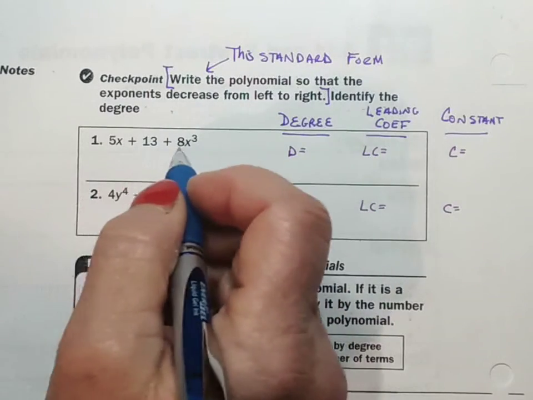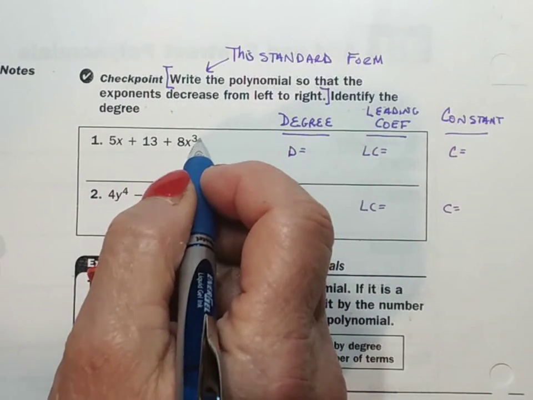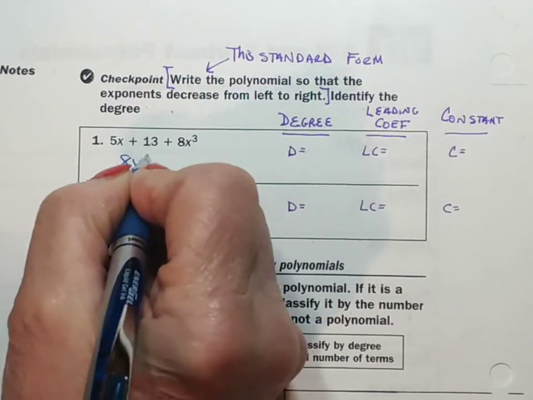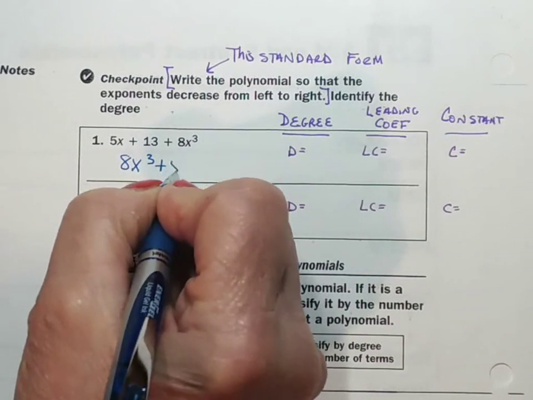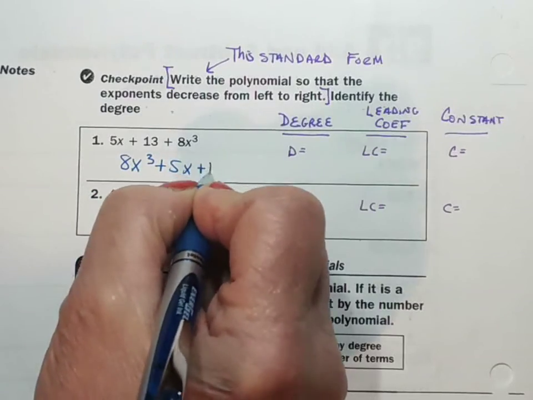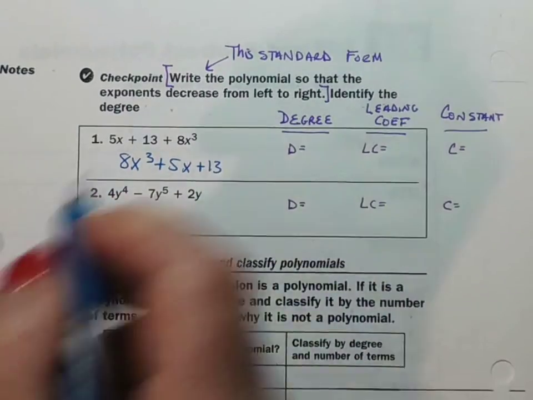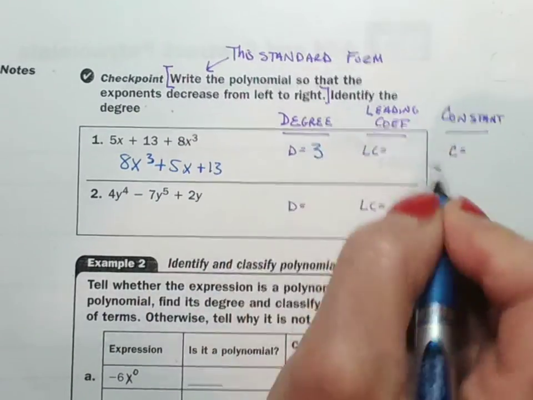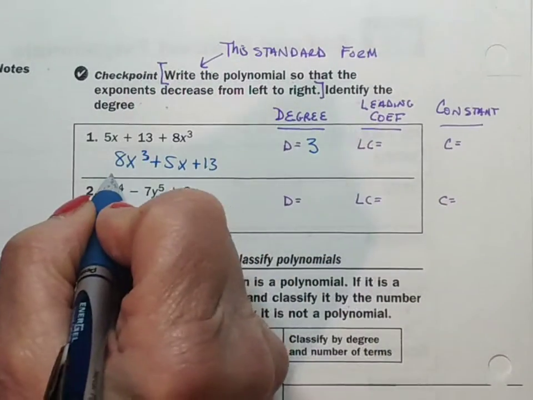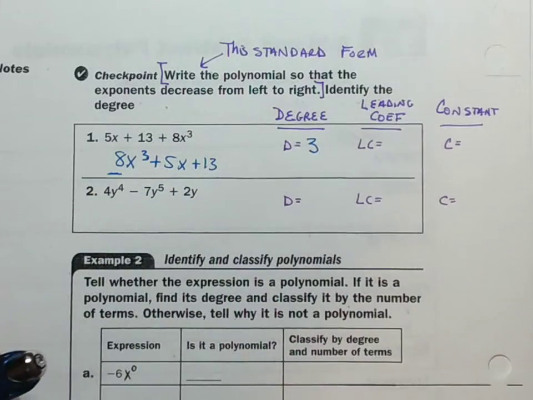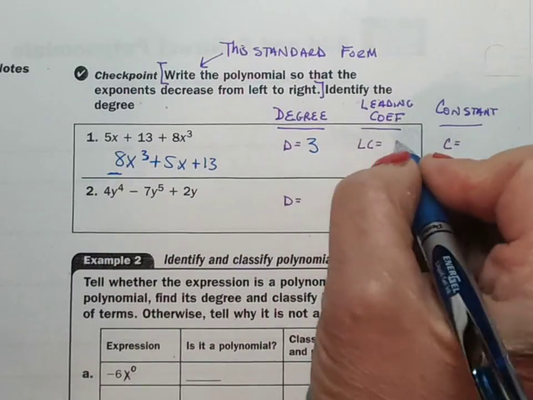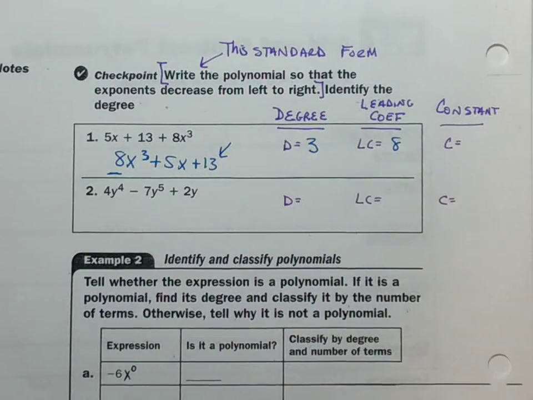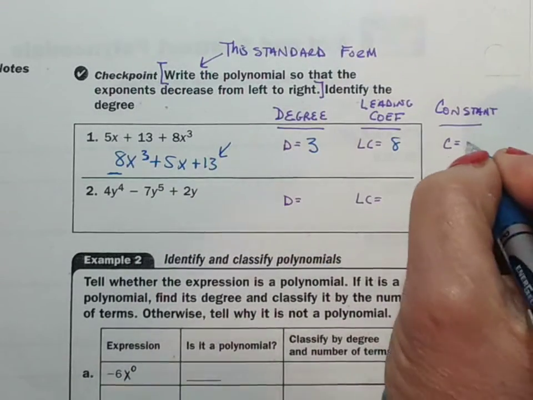Okay, so we want to put this in order, high to low exponents. So this is 8x cubed plus 5x plus 13. The degree is the highest exponent, so it's 3. The leading coefficient is the one at the beginning, which is 8, and our constant is just simply our number, 13.